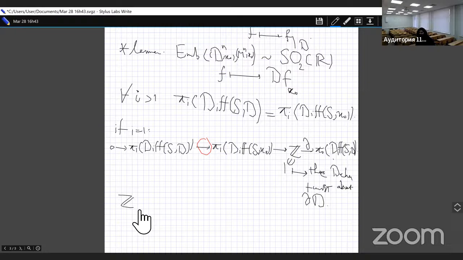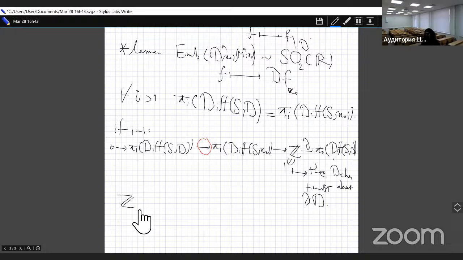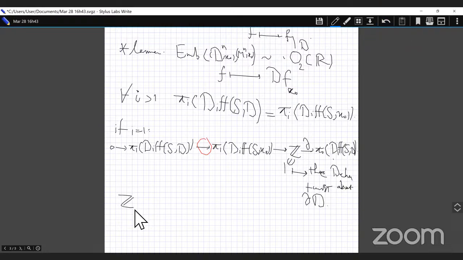It doesn't matter. Okay. So anyway, we conclude that because the Dehn twist is non-trivial and of infinite order, this map is injective.